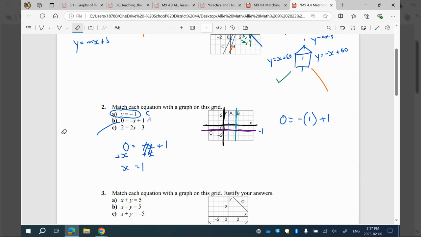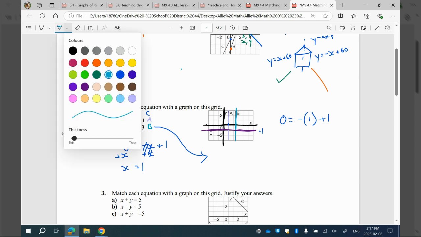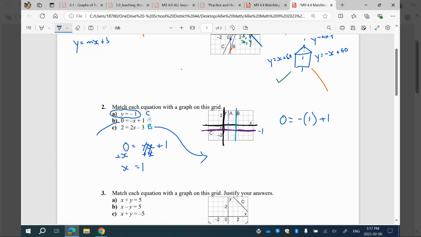And this last one, I'm going to solve for x algebraically. We do have a process of elimination, and we know it's B, but let's solve algebraically. We want to find out what x is. We have 2 equals 2x minus 3, and we want to isolate the x.